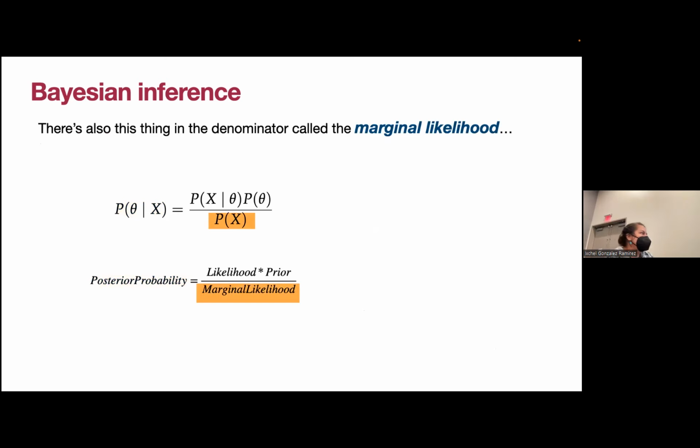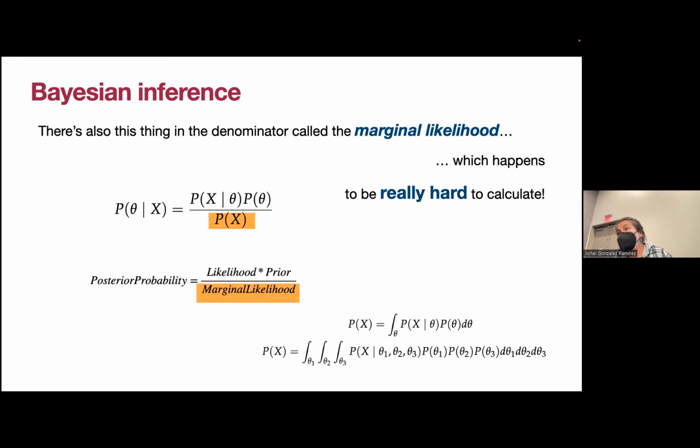But the real issue with Bayesian inference is that we have this term, probability of data, otherwise called the marginal likelihood, which is really hard to estimate. Okay, it's really hard to estimate because, as you can see, these awful formulas down here have a lot of integrals, which are really hard to get, right?